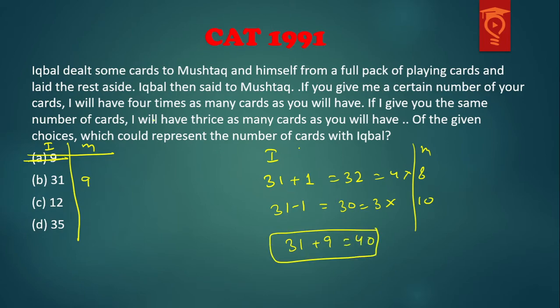From a full pack of playing cards, you should have the general knowledge that playing cards are 52 in number. Any number higher than this will make the total number of playing cards with Iqbal and Mushtaq more than 52. Hence I think we can approve of this as our final answer. Anyway, the question said which of them could represent.